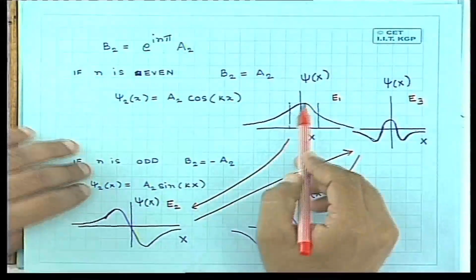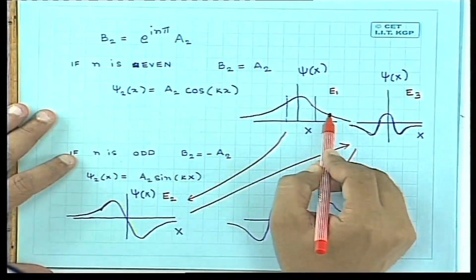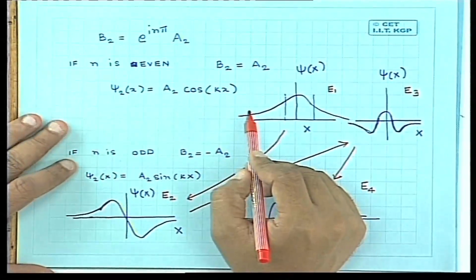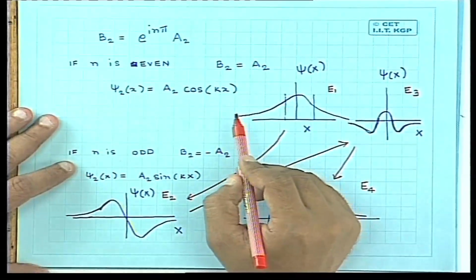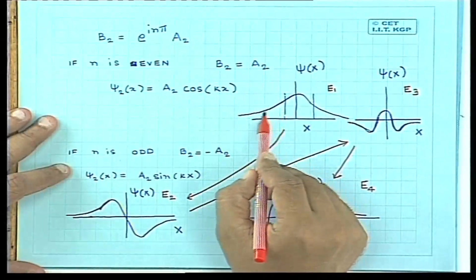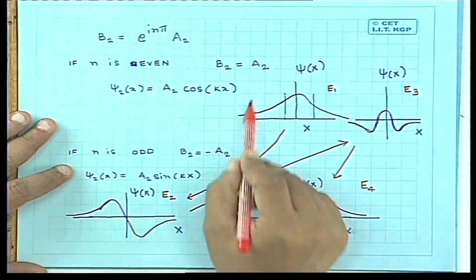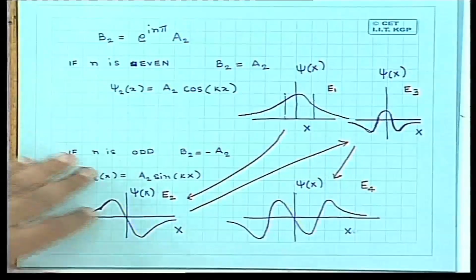But if the potential is finite, there is a finite probability of finding the particle in these regions, where the energy is less than the potential. Classically, you will never find a particle in a place where its energy is less than the potential. But in quantum mechanics, the wave function has a finite value even in these regions, and there is a finite probability of finding the particle even when the energy is less than the potential.